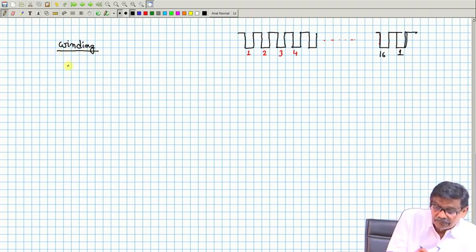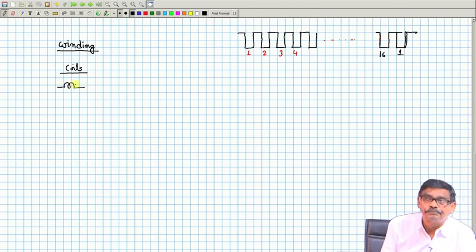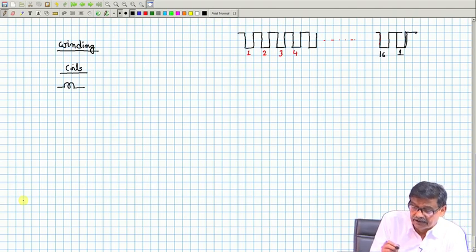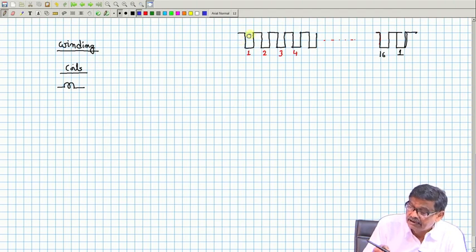And in this column I will write coils, and each coil I will show like this. Suppose I take one coil, and in the upper deck, this is the starting coil side and its return.